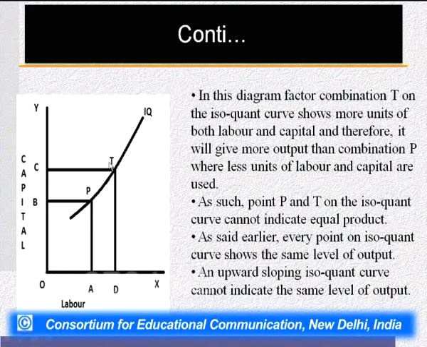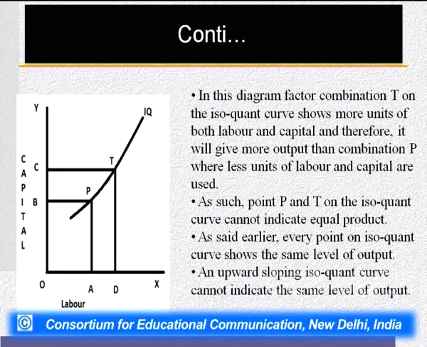When you see combination T, where you increase the capital from B to C and also increase the labor from A to D, which is not justifiable as per the definition, since if you increase both factors of production, you will definitely get more production compared to the previous combination. And the definition suggests that every combination gives the same level of output.